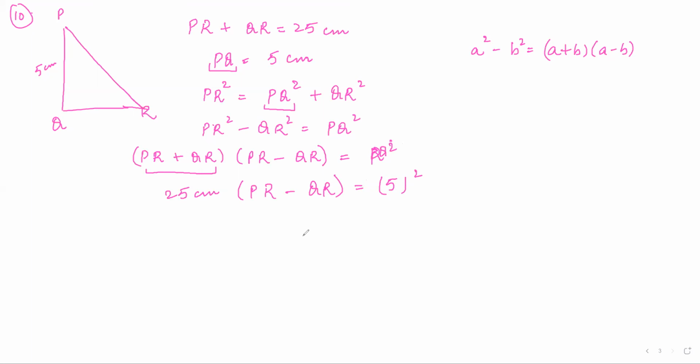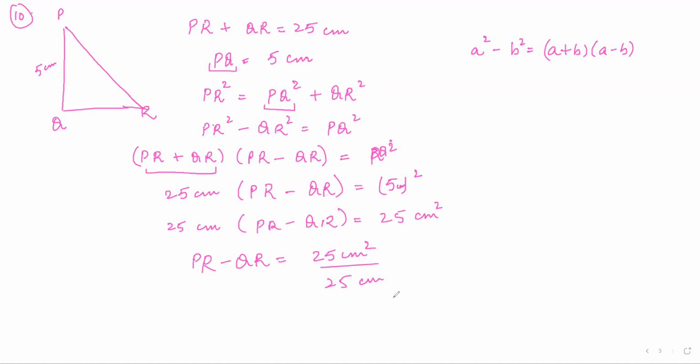5 centimeter whole square you can write here. So 25 centimeter into PR minus QR is equal to 25 centimeter square, right? So your PR minus QR will be equal to 25 centimeter square divided by 25 centimeter.